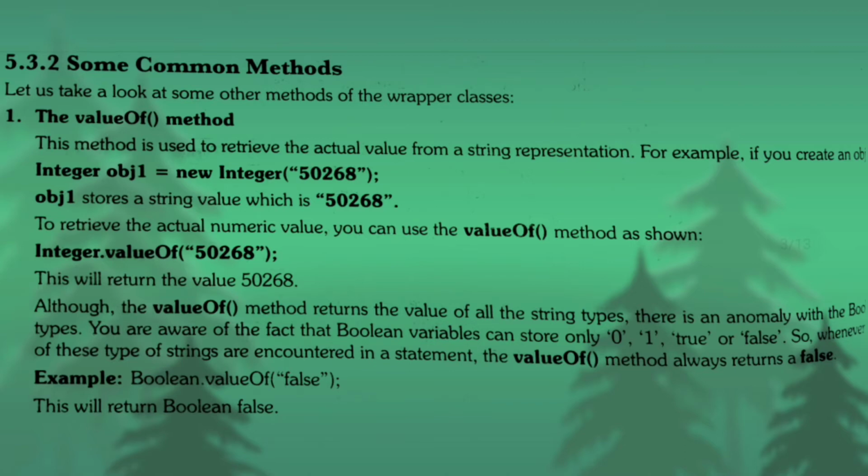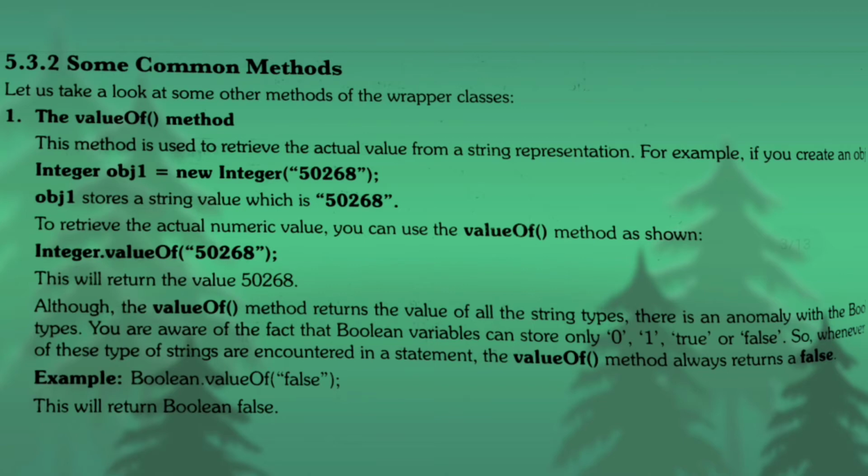So if you are using the valueOf method with the Integer class, it will convert the string into an integer. If you are using valueOf with the Float class, it will convert the string value into a float value. If you are using valueOf with the Double class, it will convert the string value into a double value. So here is one example for you.